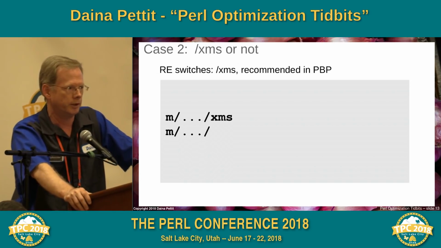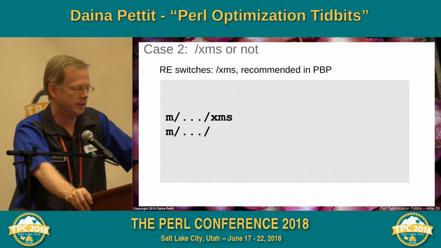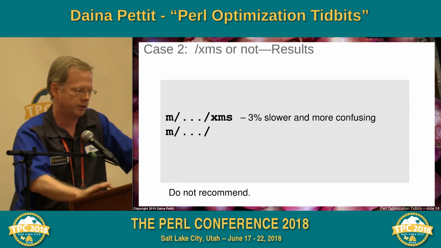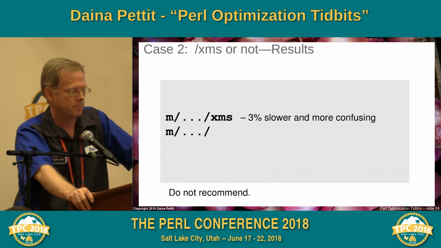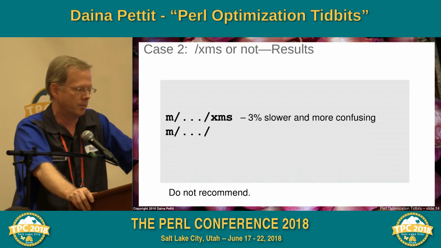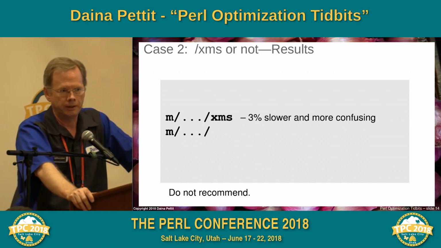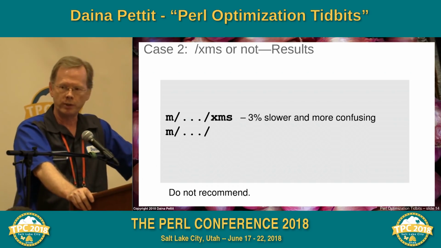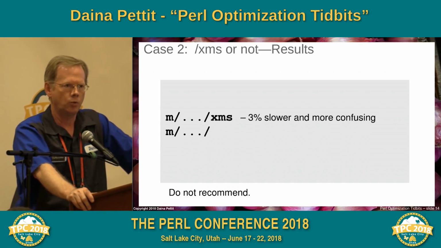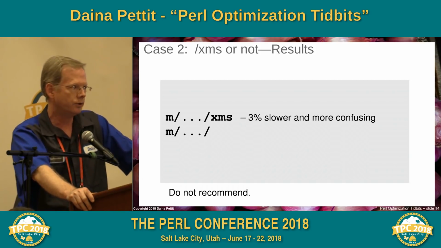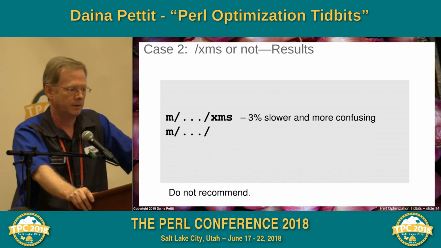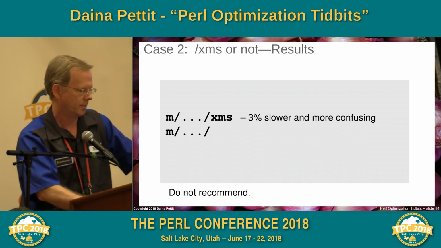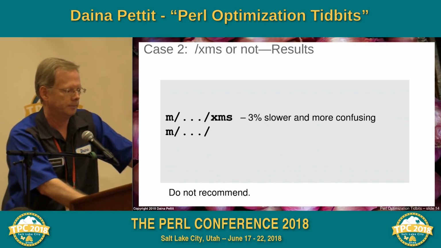I demonstrated that it was actually a bad idea because it turns out it has a 3% hit when you throw those on there. It's not free. But the biggest hit is that it takes you longer to read that code because you're thinking, now why is the X on there? And why is the S on there? And why is the M on there? So I do not recommend using that.